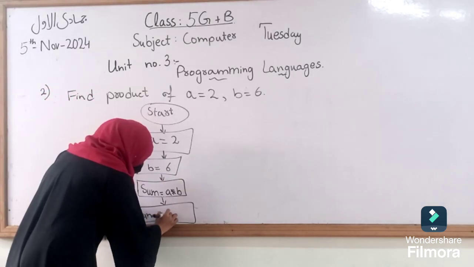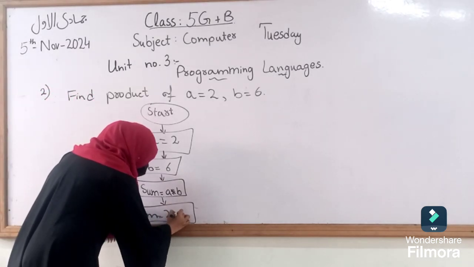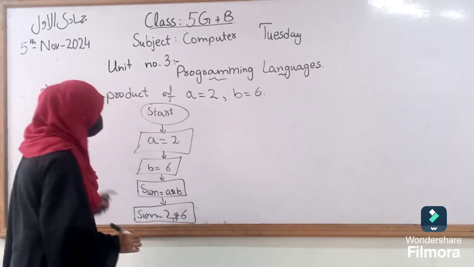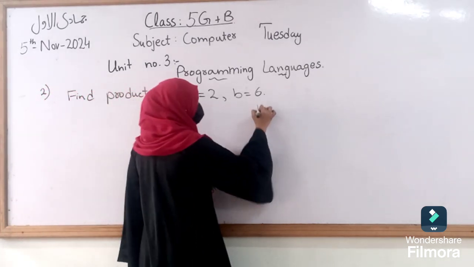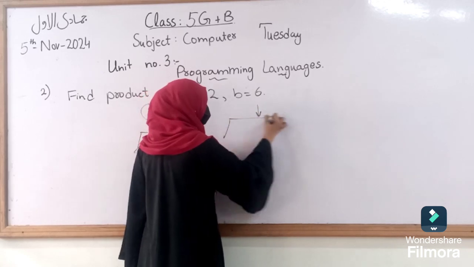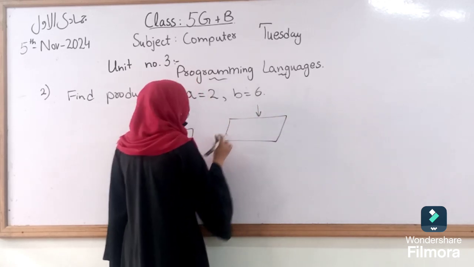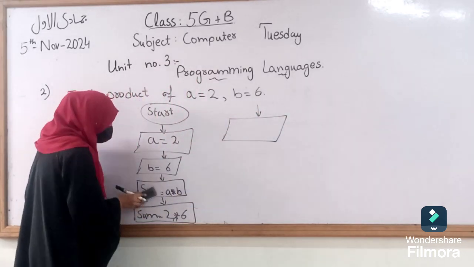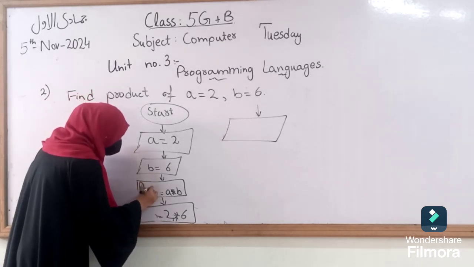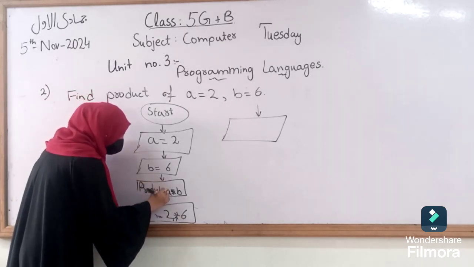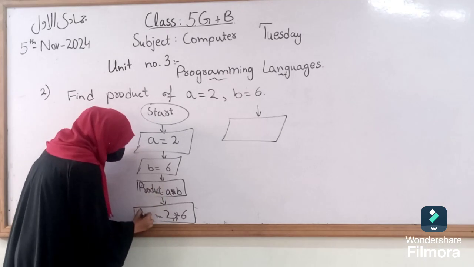What would be the next step? Equal to a into 6, a multiplied by 6. Now we can write what is the output of your product. Sorry, here you need to write product because we are now finding the product of these two values.